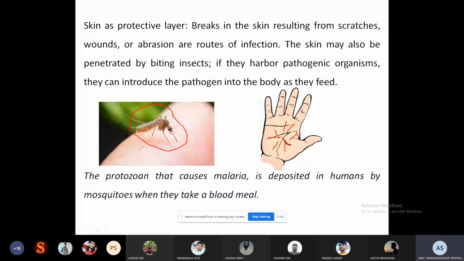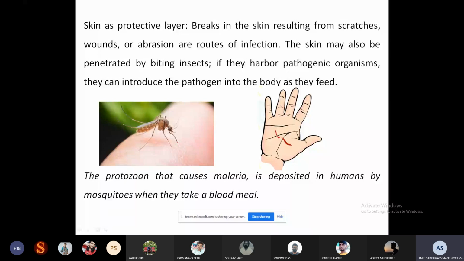But different types of parasites or bacteria, you can take the example of the malarial protozoa, Plasmodium vivax, actually reside in the salivary gland. And when the mosquito takes a blood meal, that Plasmodium vivax is entering. That means the protozoa was looking for a hole to enter into the skin.